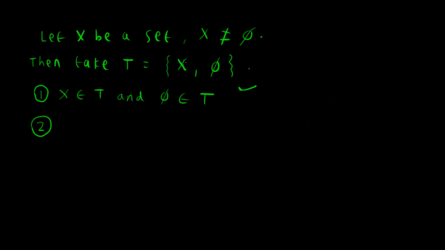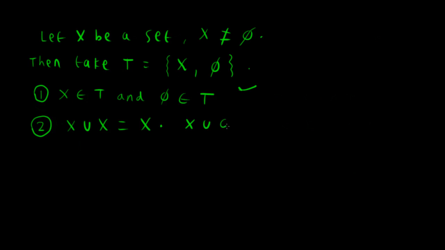Okay? And if I put the empty set in there, it's not going to affect anything. And if I put X in there, it's also not really going to do anything either. So let me just illustrate that. We know that X union X is going to be equal to X.